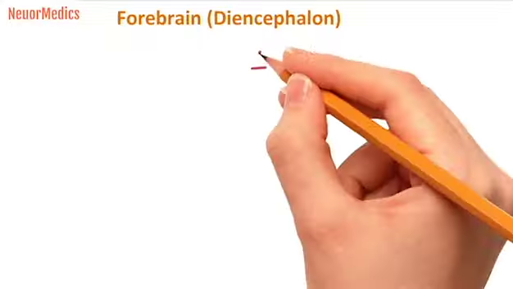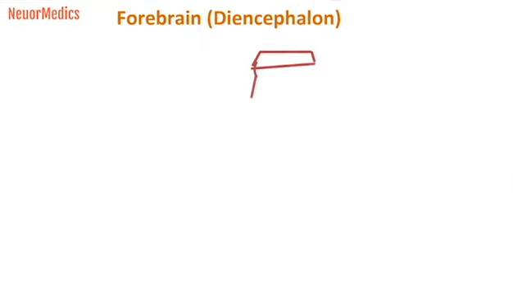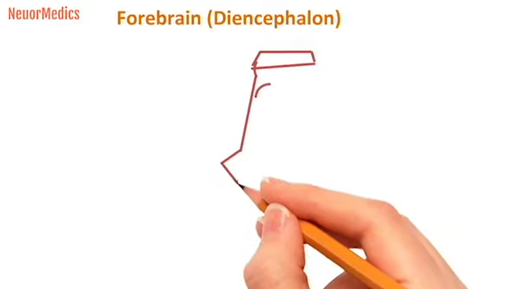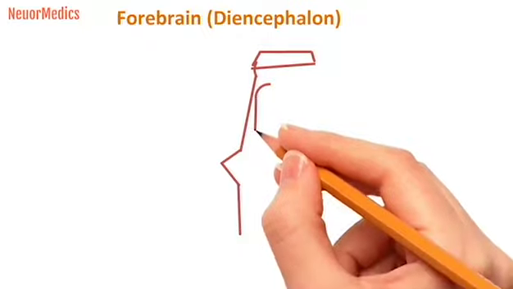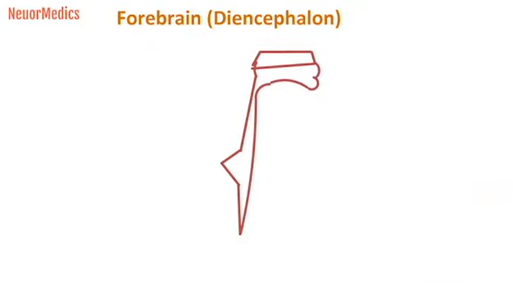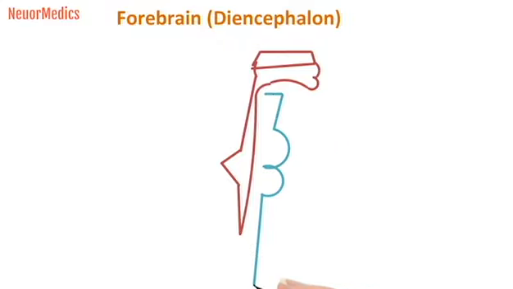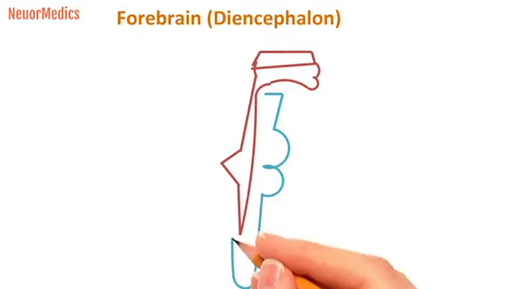Let's go into detail of the diencephalon. First of all, we will discuss what structures are derived from the diencephalon. You should have a very clear concept of which structures are part of the diencephalon, or derived from it.